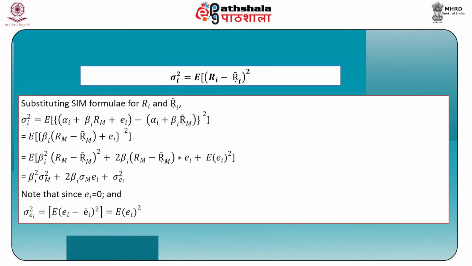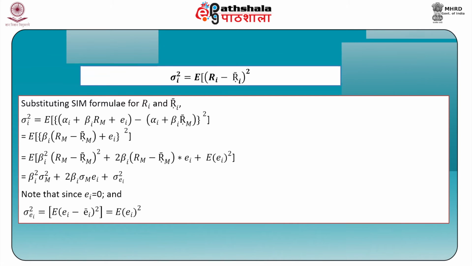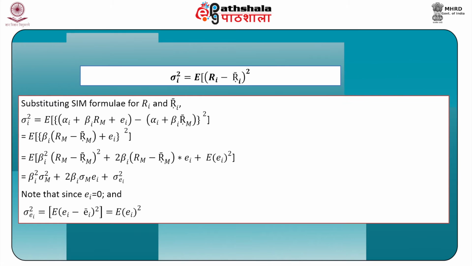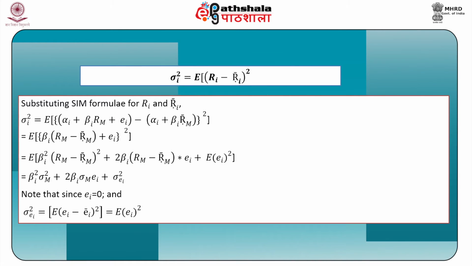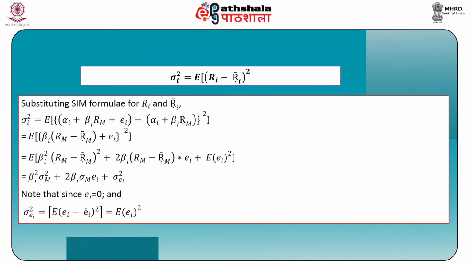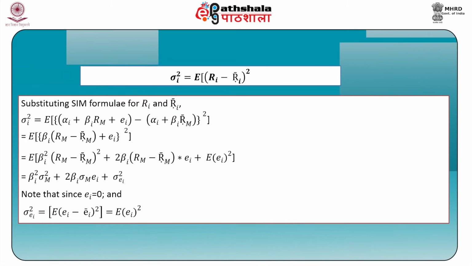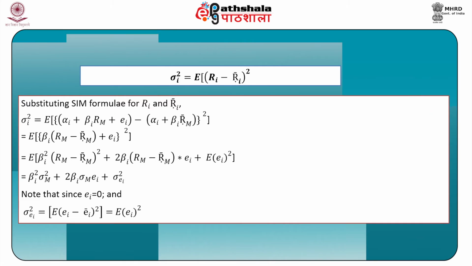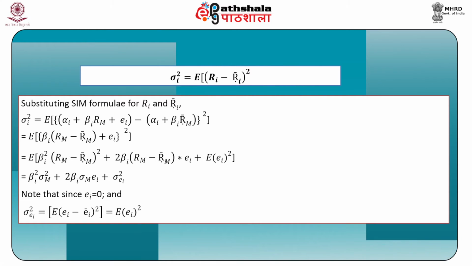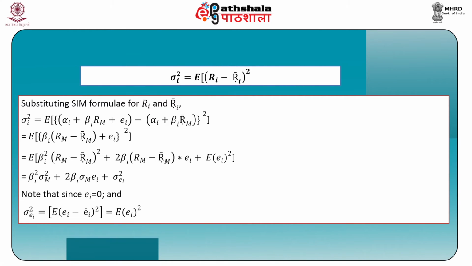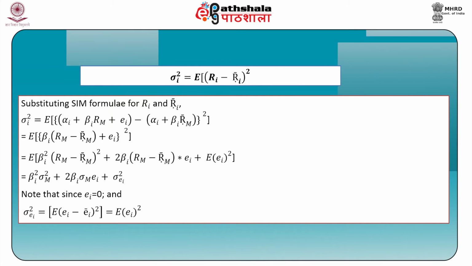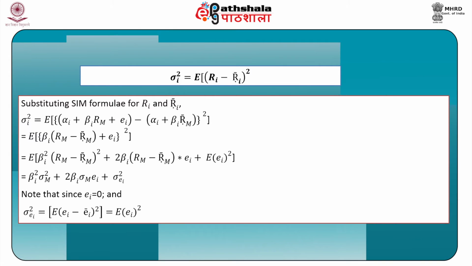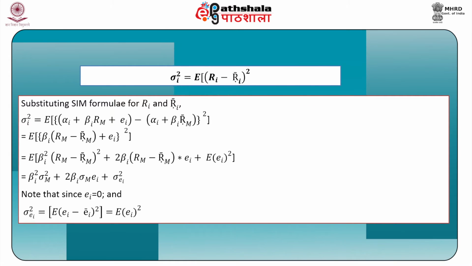square, bracket close. E in bracket beta i square into Rm minus Rm bar, whole square, plus 2 beta i into Rm minus Rm bar multiplied by ei, plus E in bracket ei whole square, which is equal to beta i square into sigma m square plus 2 beta i into sigma m ei plus sigma ei square.